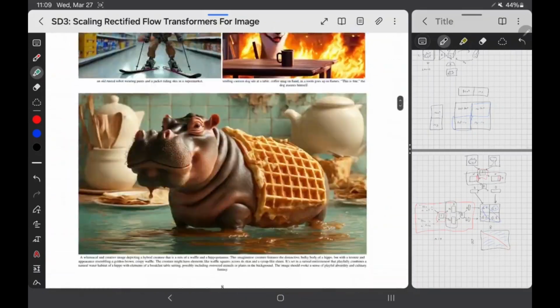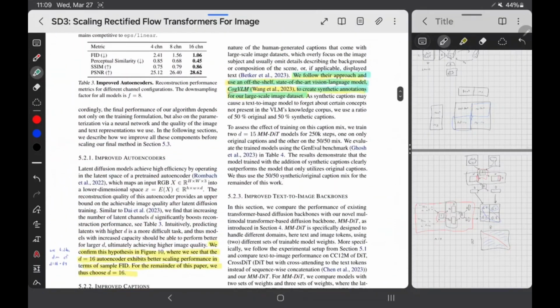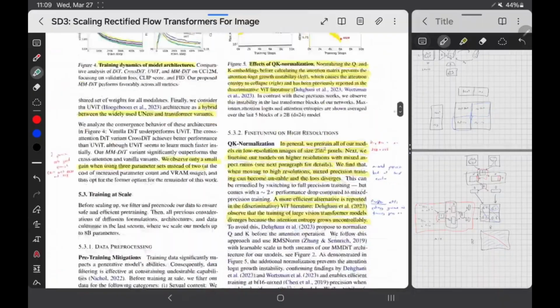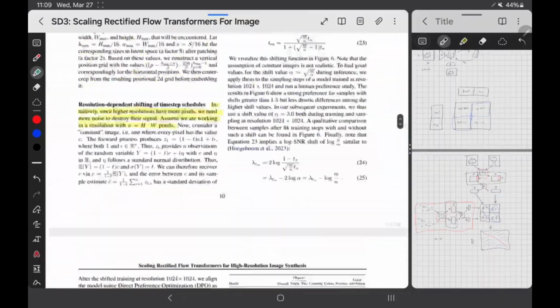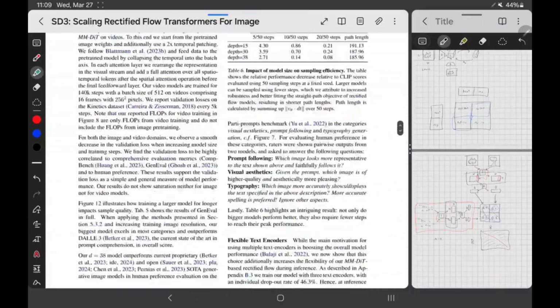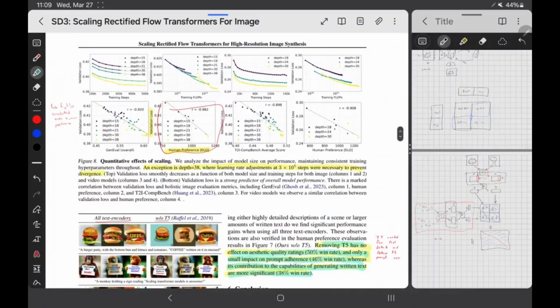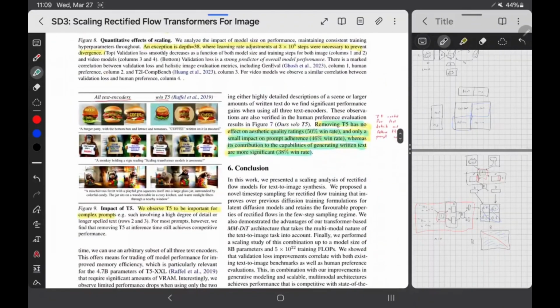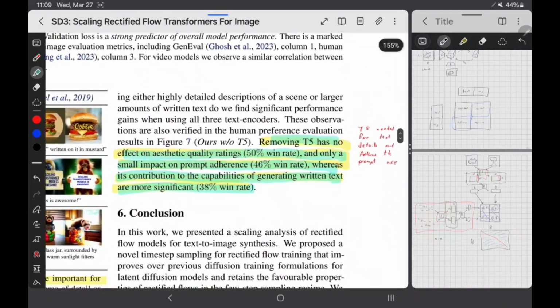Now, another thing is CLIP versus T5. So they mention down here that removing T5 has no effect on the aesthetic quality ratings, so there's a 50% win rate, and only has a small impact on prompt adherence, whereas its contribution to the capabilities of generating written text is more significant.